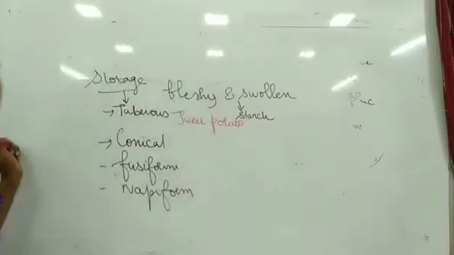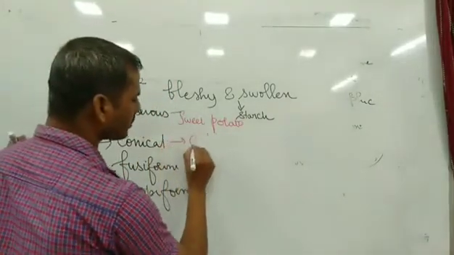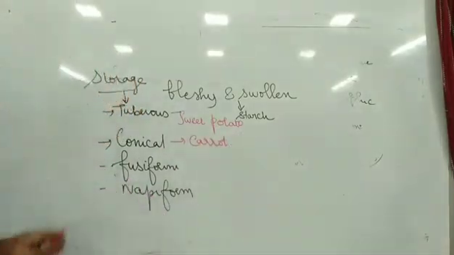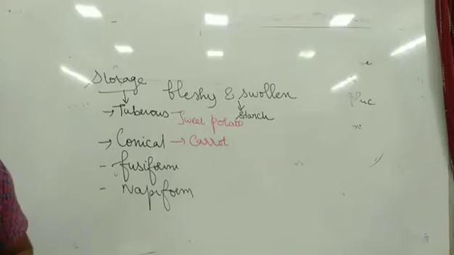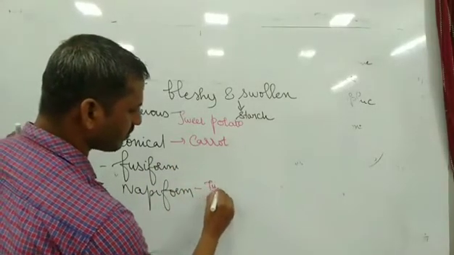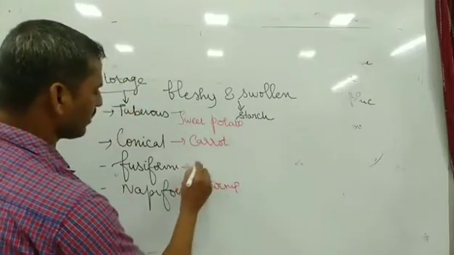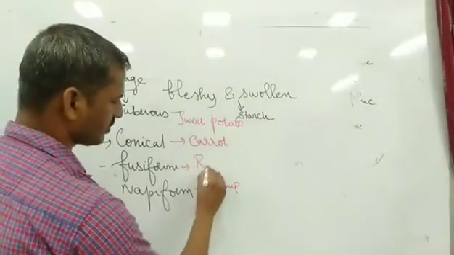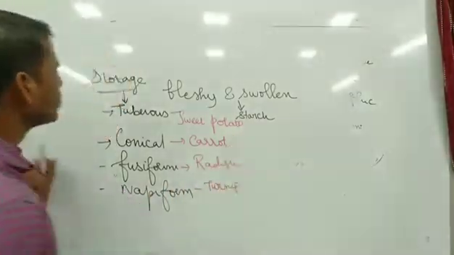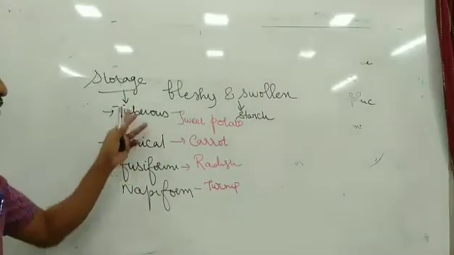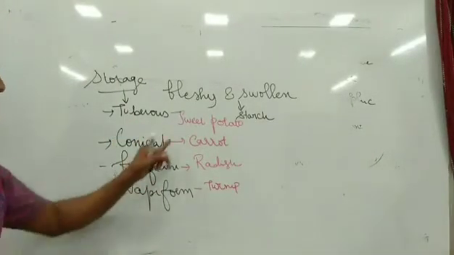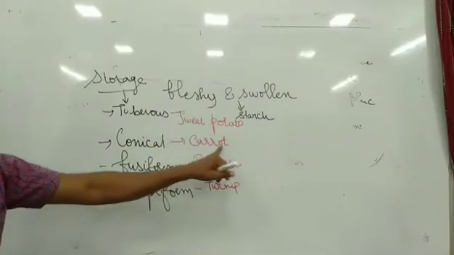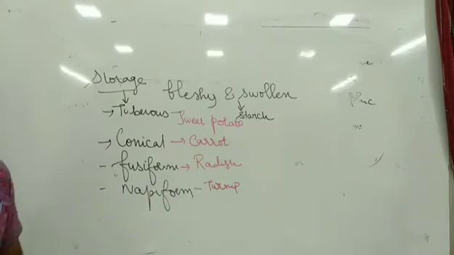The conical root is present in carrot. The napiform root is present in turnip, and the fusiform root is present in radish. So tuberous is sweet potato, conical is carrot, fusiform is radish, napiform is turnip.